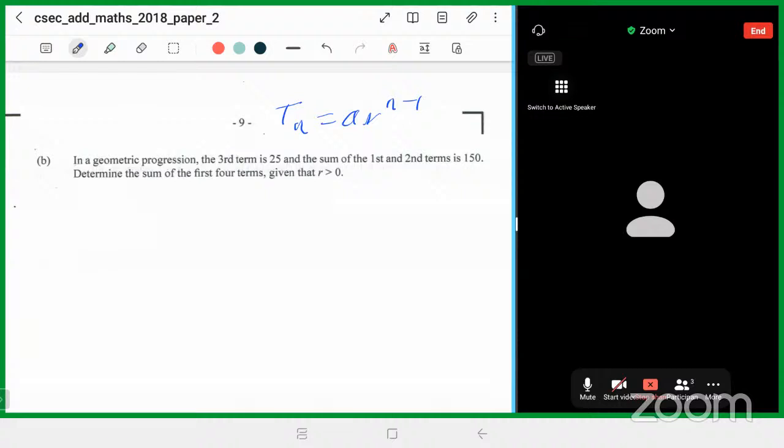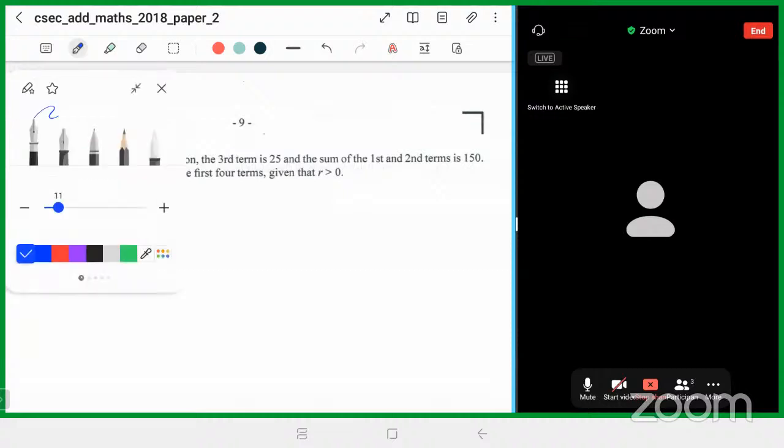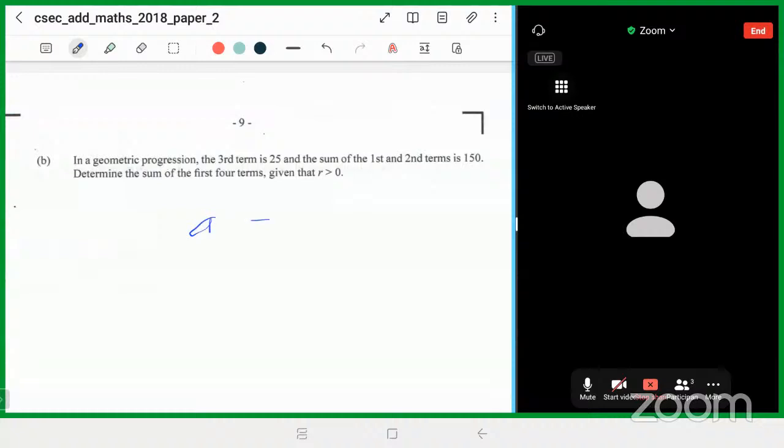So AR squared divided by A plus AR equals 25 over 150. Dividing one equation by another: in one equation, you say A equals B, and in the other, X equals Y. I'm going to divide them.